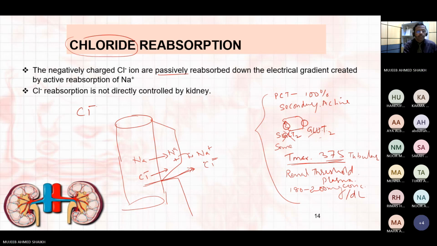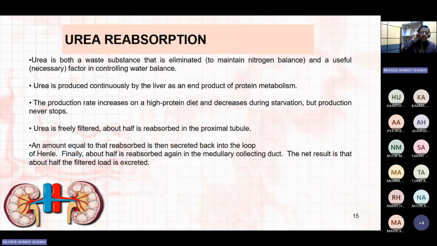So it is not directly controlled by the kidney. Chloride reabsorption is not directly controlled by the kidney. It is in relation with sodium or any positive ion. This is about chloride. Okay, another interesting chemical which is present in our body and continuously produced is urea.